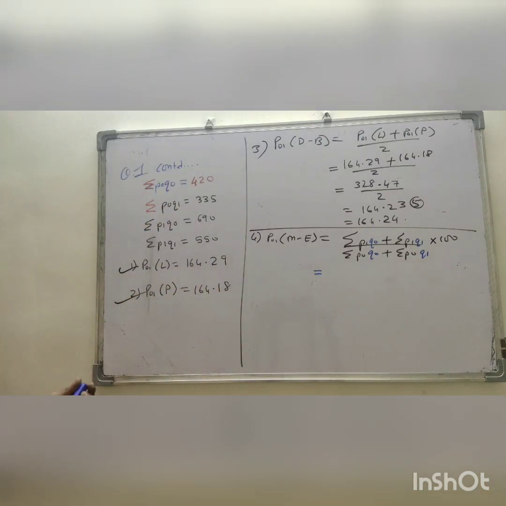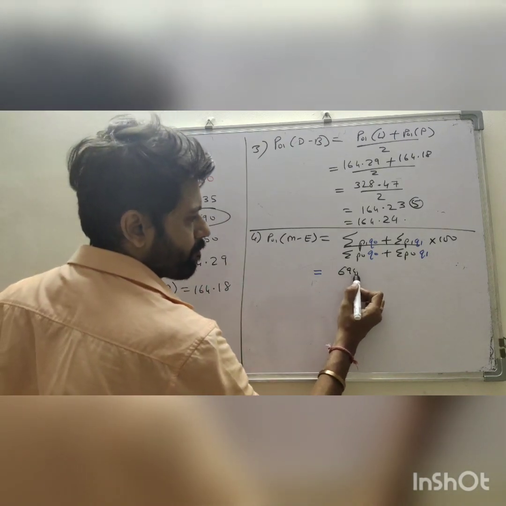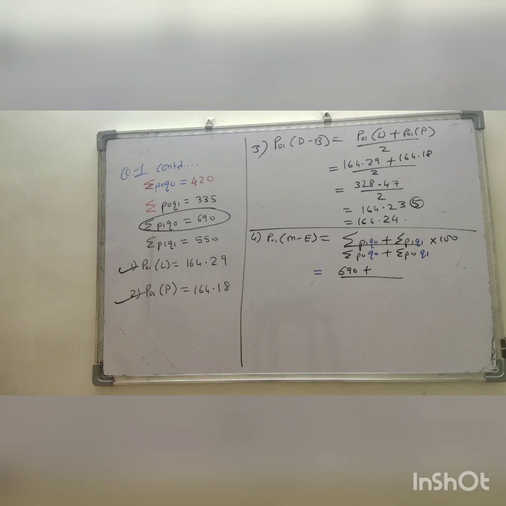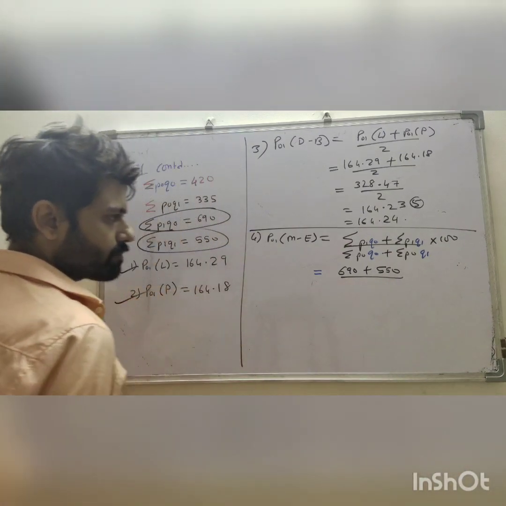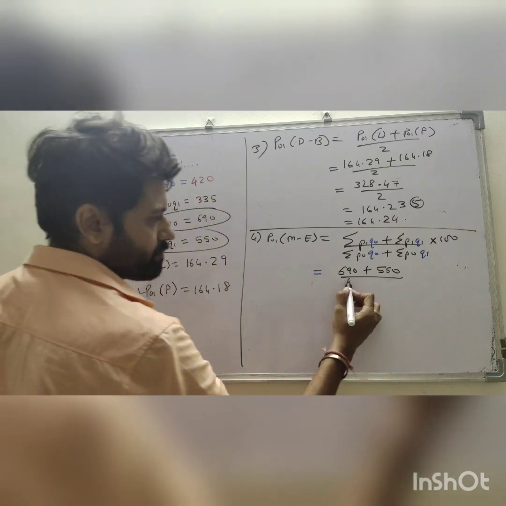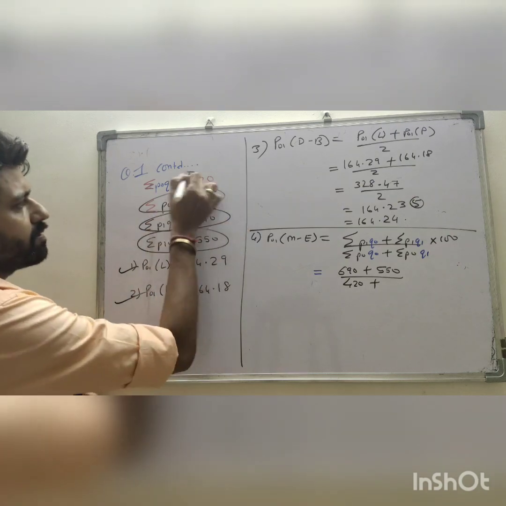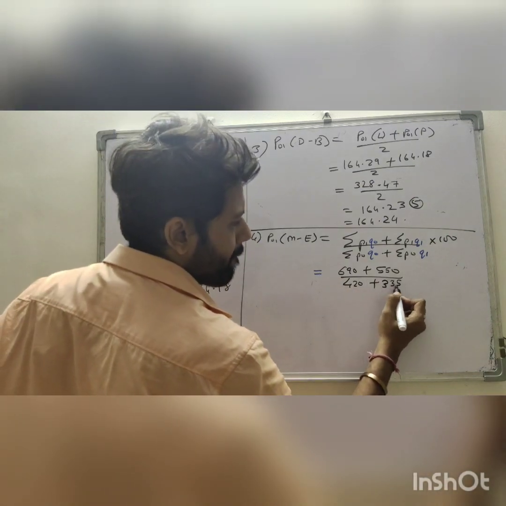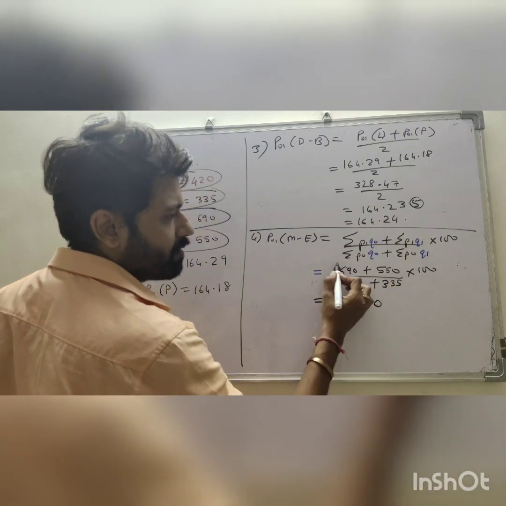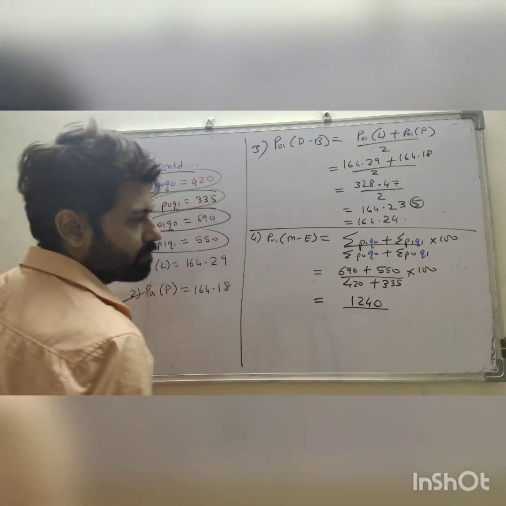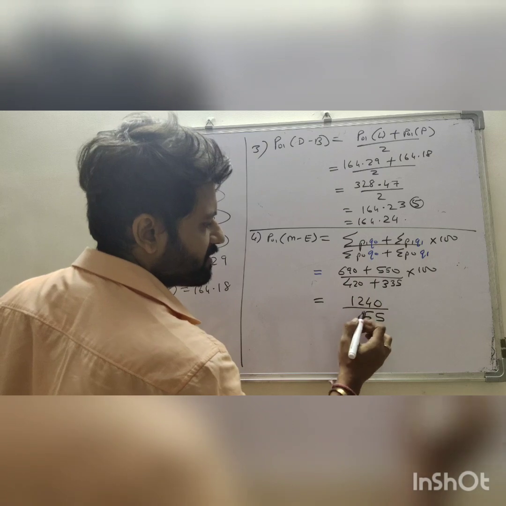Summation P1 Q0 is 690, plus P1 Q1, 550, plus P0 Q0, 420, plus P0 Q1, lastly 335 into 100. On addition we get 9 plus 5 is 14, 7 plus 5 is 12, 1 2 4 0. Then 3 plus 2 is 5, 4 plus 3 is 7.